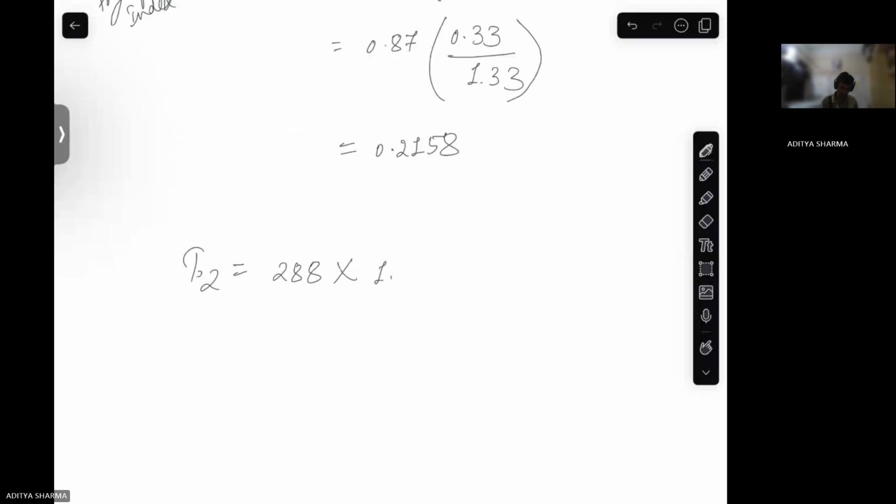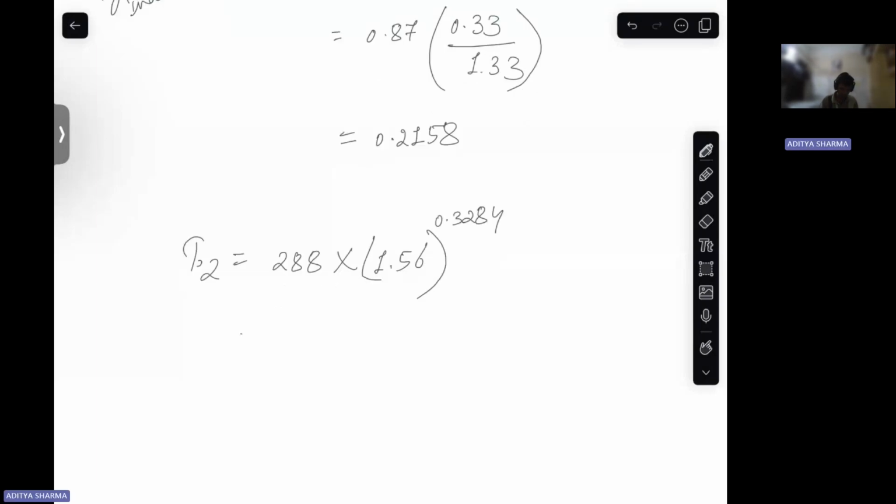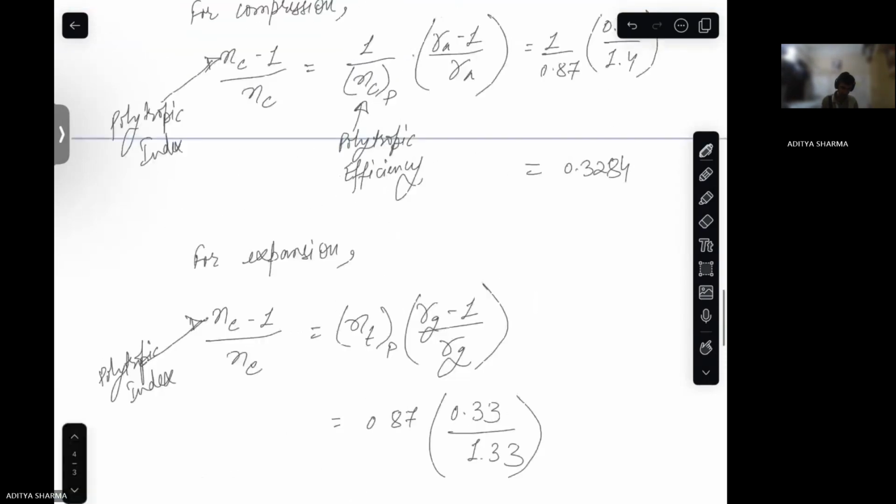The exponent of this we have already calculated above here.